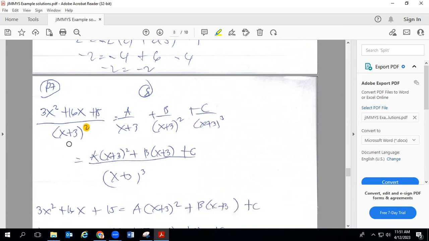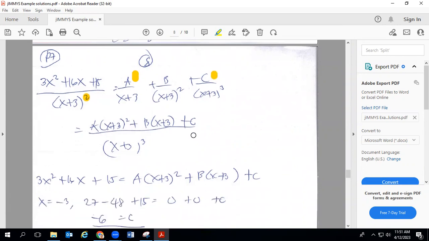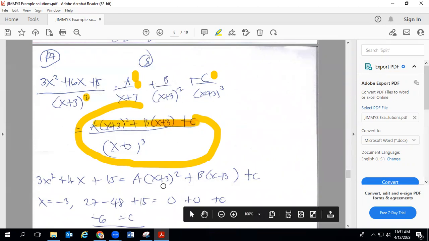Repeated linear factors. So x plus 3, A, here B squared, and then cubed C. So the same approach, come up with this by combining these 3 fractions, and then copy this one, all of them here, and then copy this.